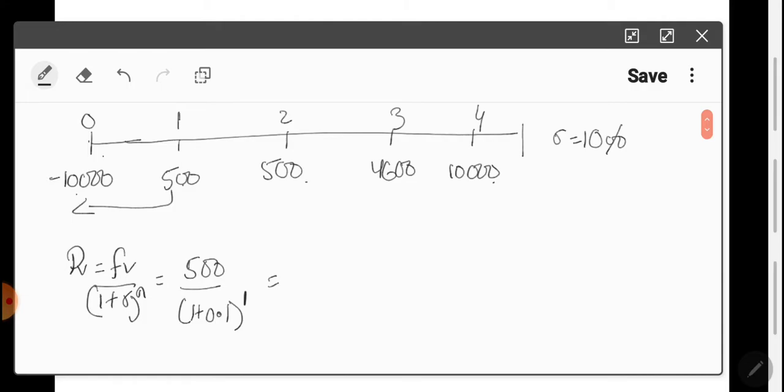So the present value for this will be 500 divided by 1 plus 0.1 power 1. It will be 454. So I'm ignoring the after decimal values. So this 454 is telling you that this 500, its actual value is 454 in terms of present value.